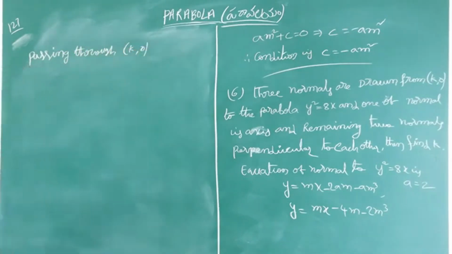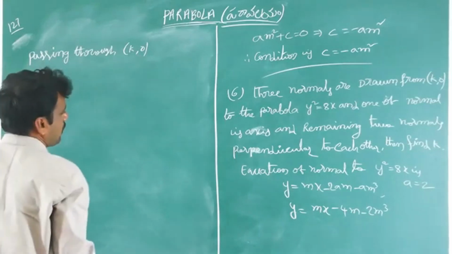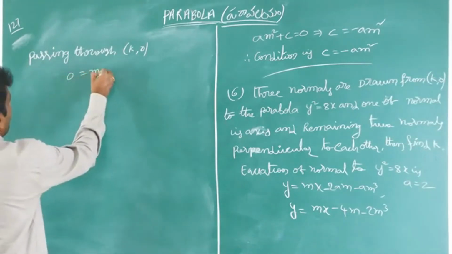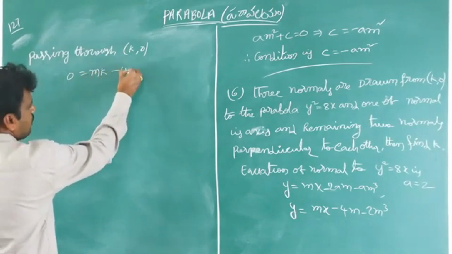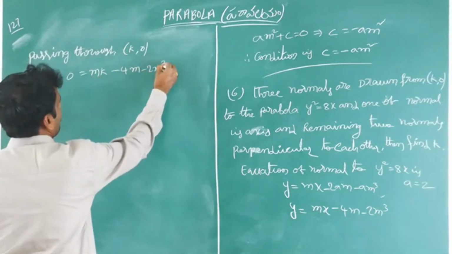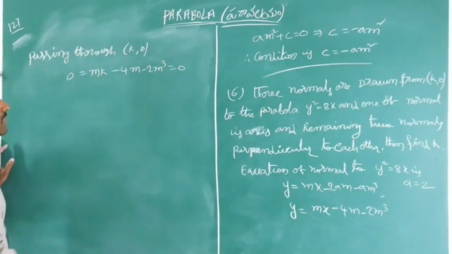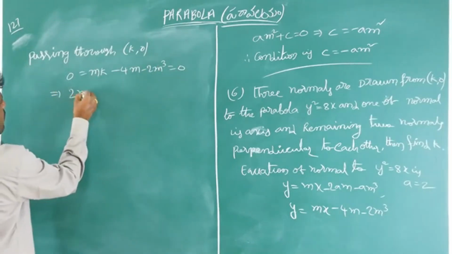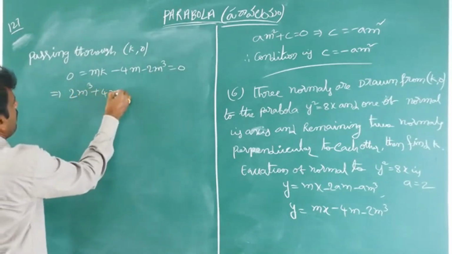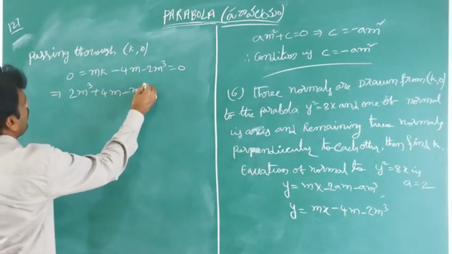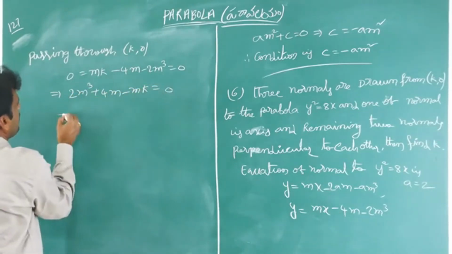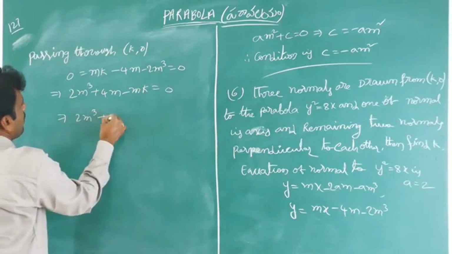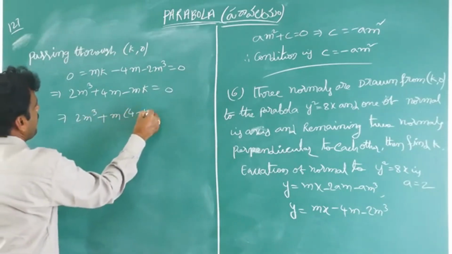Therefore, x is k and y is 0. That is 0 equals mk minus 4m minus 2m cube. That implies 2m cube plus 4m minus mk equals 0, that implies 2m cube plus m times 4 minus k equals 0.